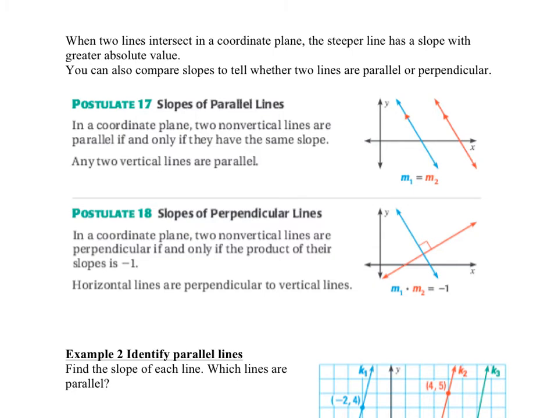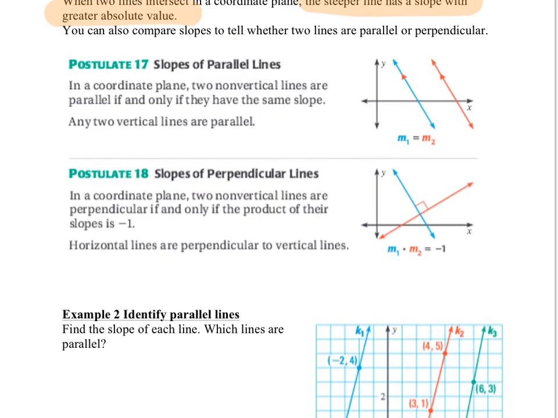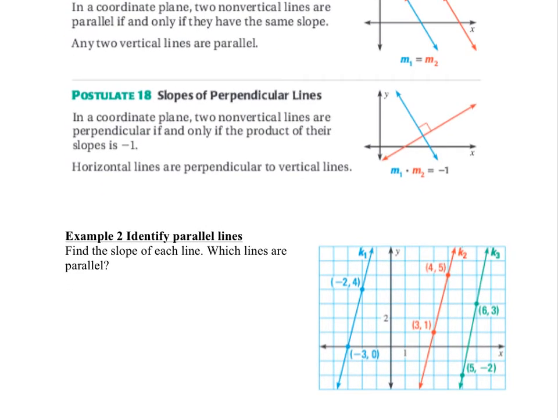When two lines intersect, the steeper line has a slope with a greater absolute value, so that's kind of important. The steeper line has a slope with a greater absolute value. We can compare slopes to tell whether two lines are parallel or perpendicular. Parallel lines have the same slope, never intersect. And perpendicular lines, we have this relationship that when I multiply their two slopes together, it equals -1.